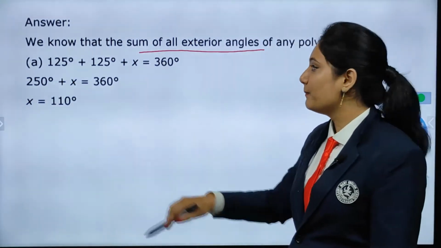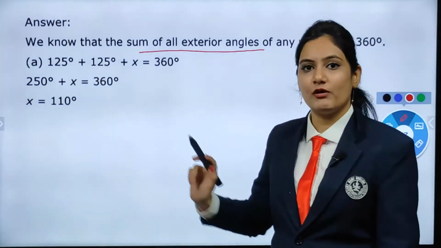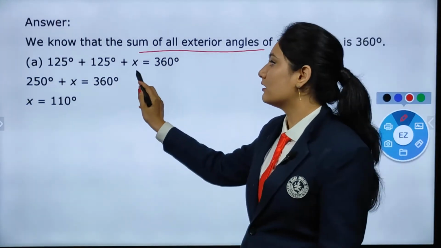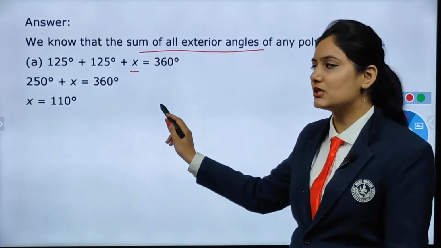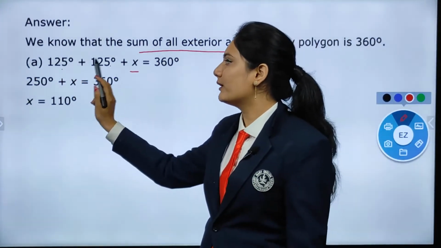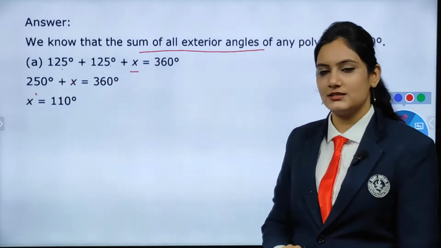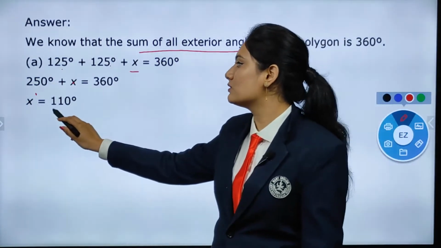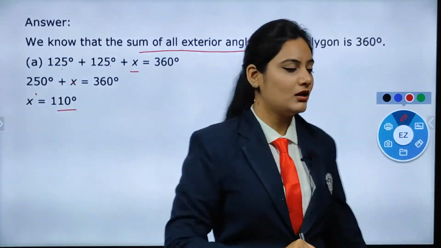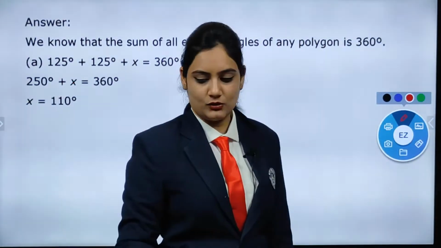So when you add 125 degree, 125 degree and the third angle x, it equals 360 degree. 125 plus 125 is 250 degree, plus x is equal to 360 degree. So x is equal to 110 degree. Now we will move towards our second question.